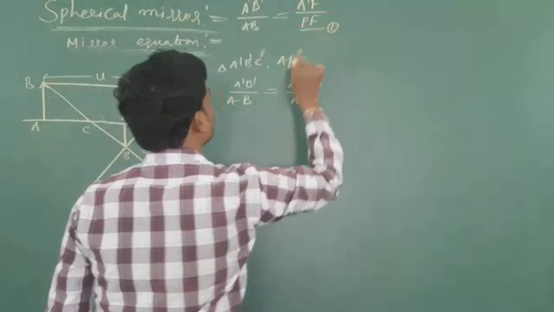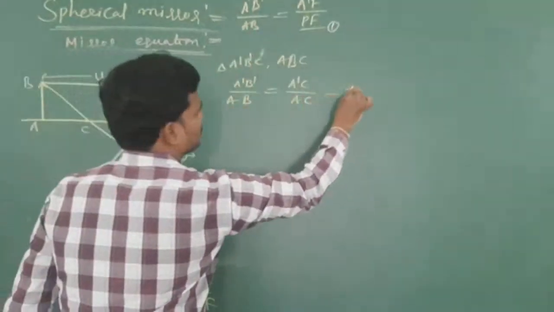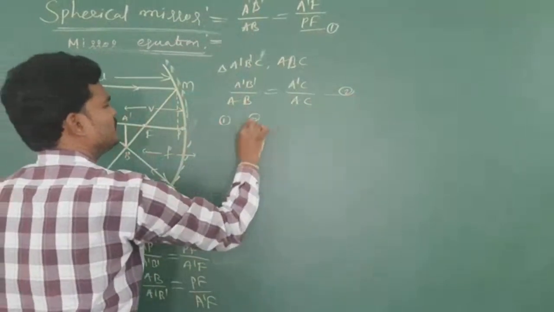This is equation number 1. A dash B dash by AB, equation 2. So from these 1 and 2, let me do it fast now.